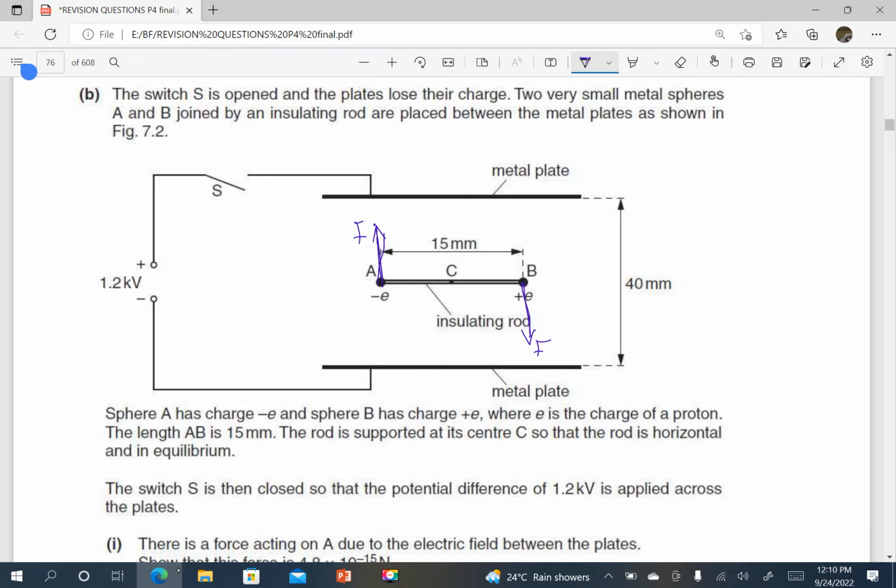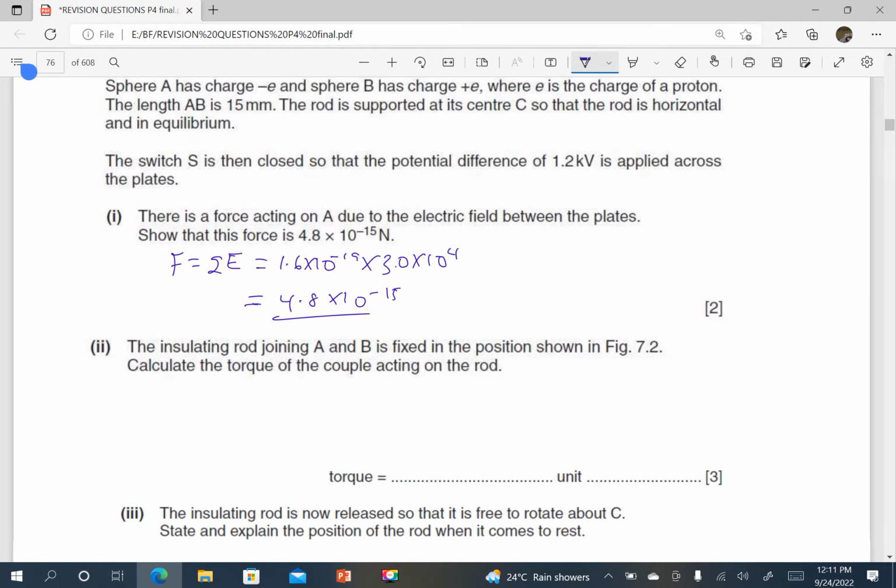So the resultant moment is going to be clockwise. Moment of a couple is the product of one of the forces and the perpendicular distance between the two forces. So the torque of a couple is equal to the force times the separation of the forces.